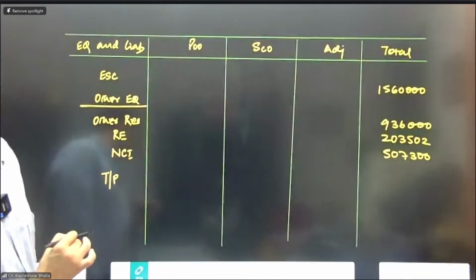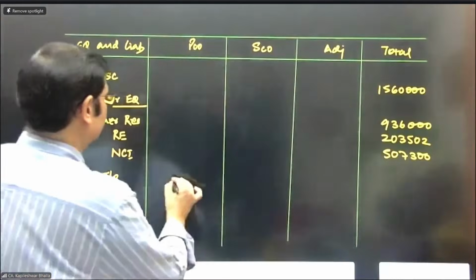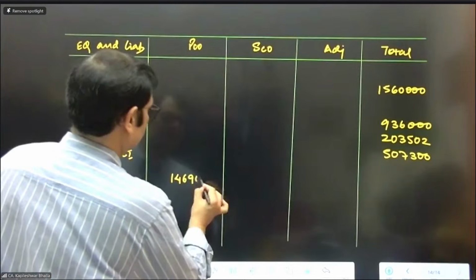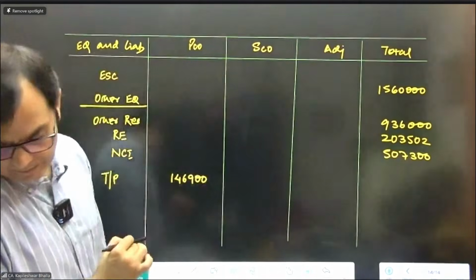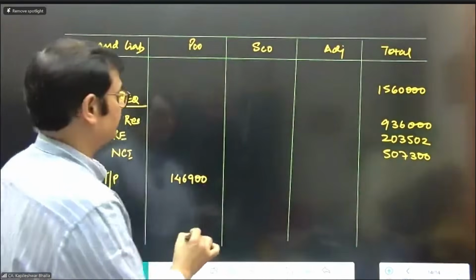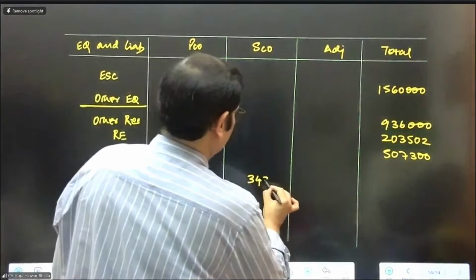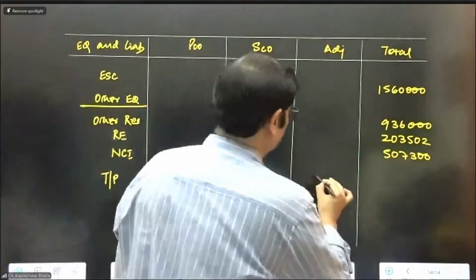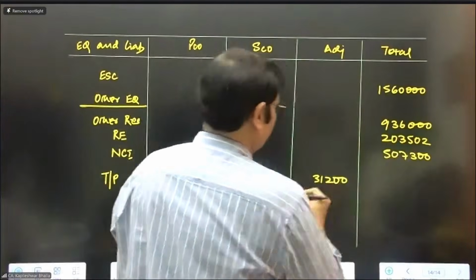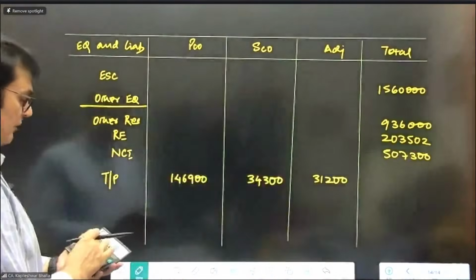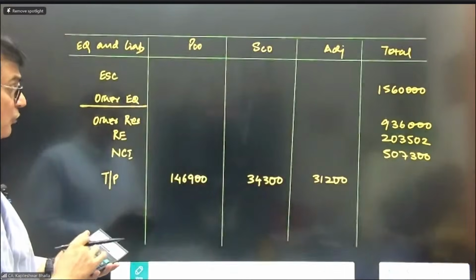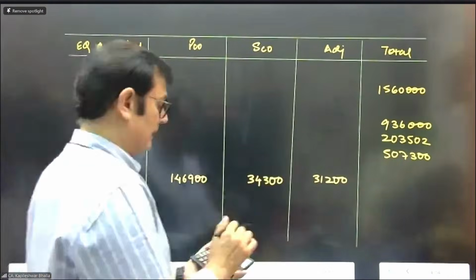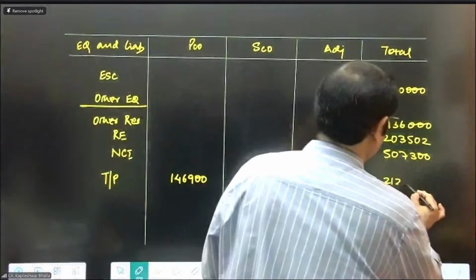Trade payables is 146,900, and this is 34,300. And there was a fair value adjustment for the trade payables, that's 31,200. So 146,900, 34,300, 31,200, that's 2,12,400.